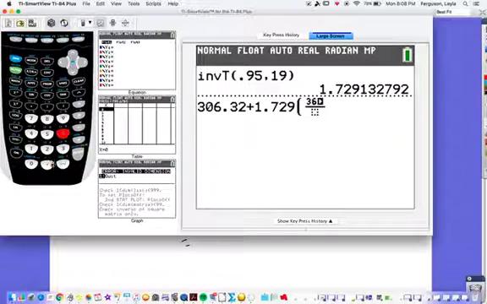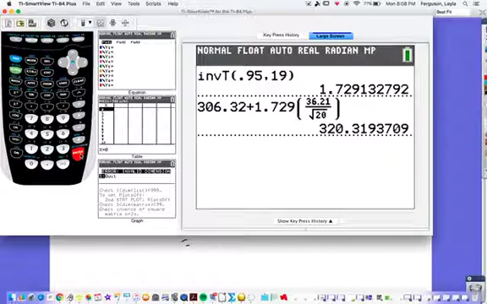On the top, 36.21. On the bottom, square root 20. This will give us our upper, which in this case will be 320.32.